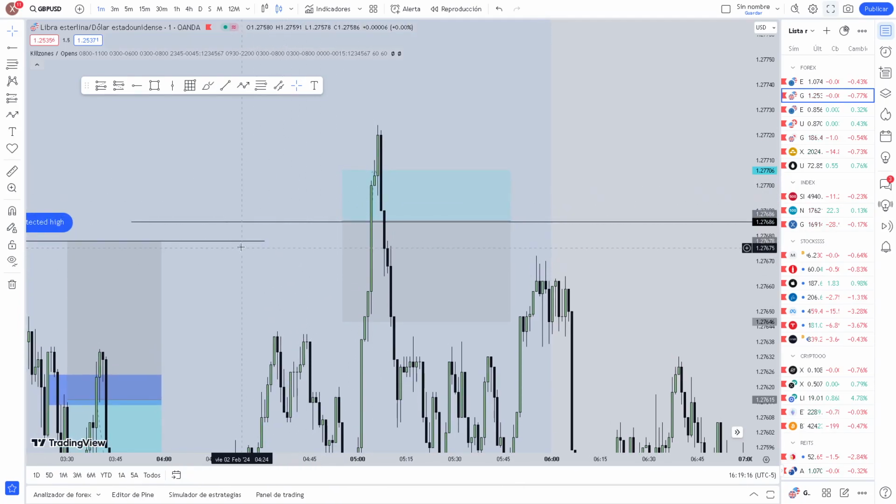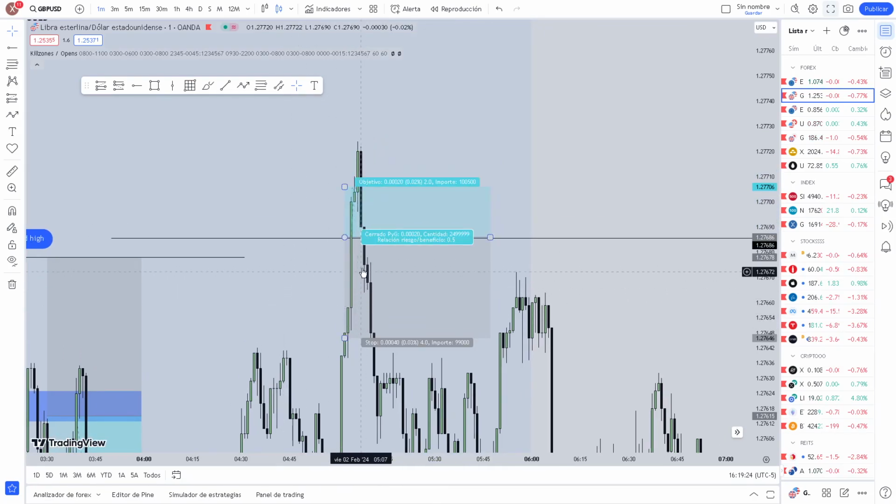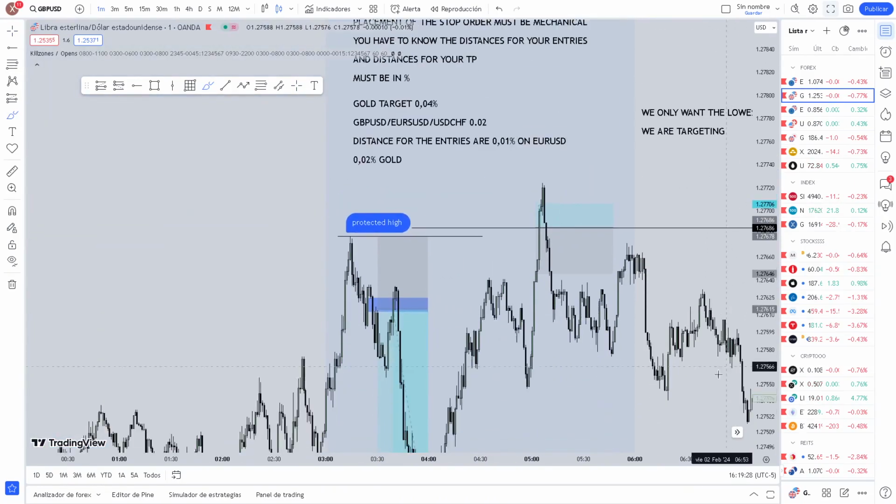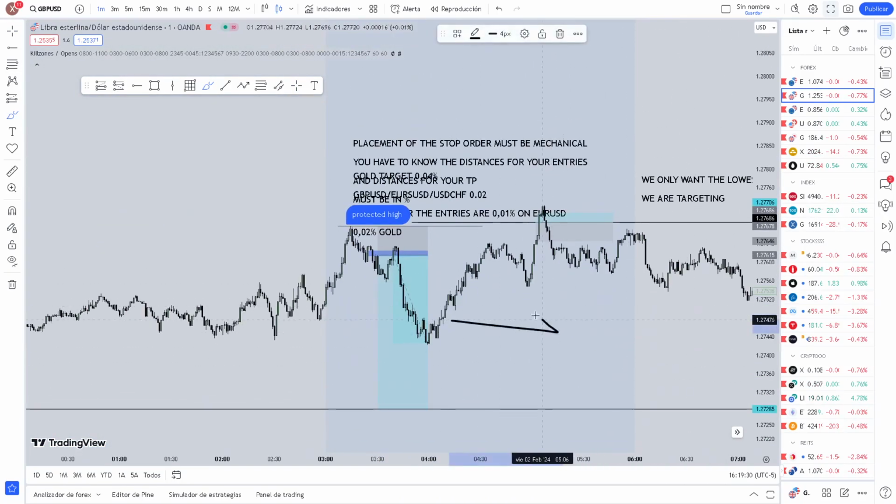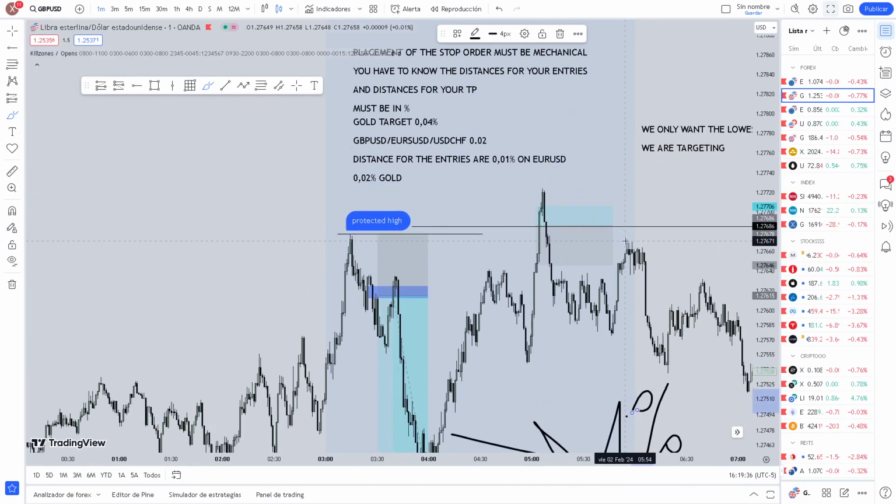So now we broke out this level. I placed my buy stop here. And as I placed my buy stop, you can see that we get tagged in and we hit TP. Now it's the moment that you say, hey, but on this trade, I risked 1%. And if I risk 1% on this one, I would be making 0.5%.